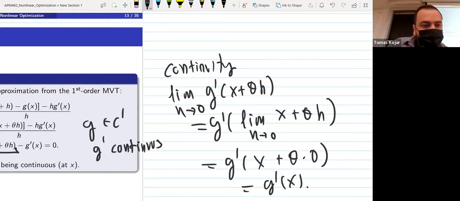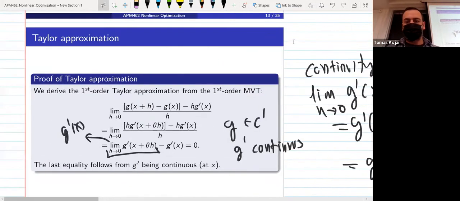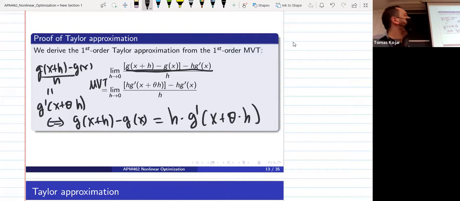Yes, can you go back 2 slides where you explain how MVT works in this proof? Yes. So you see, this is what you have on the left-hand side of Taylor's theorem.